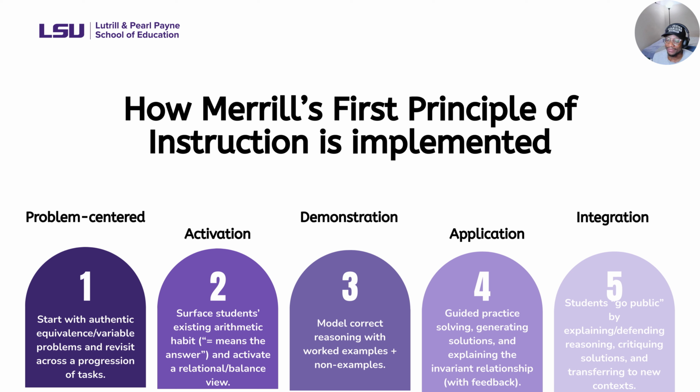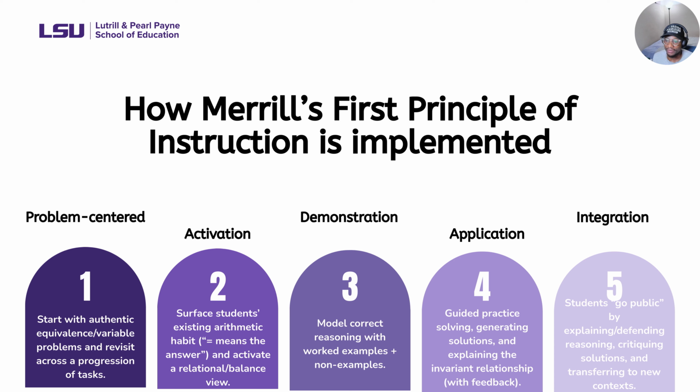So after going through the instruction of now knowing that whenever you see an equal sign, it's not an instruction to do something, but understanding that the equal sign is just a relational artifact, it makes the right hand side and the left hand side equivalent, right? So as I activate that understanding, then the student will demonstrate through worked examples and non-examples.